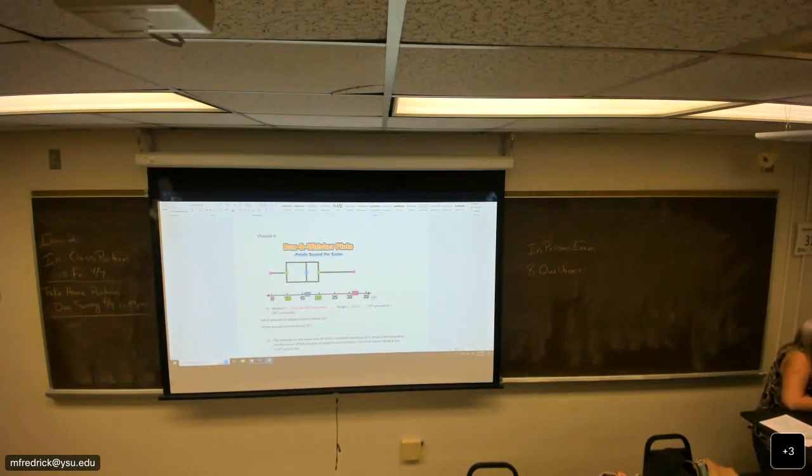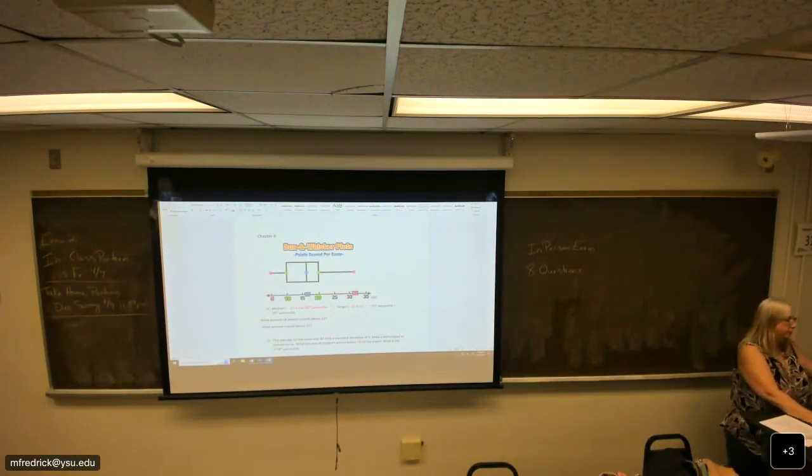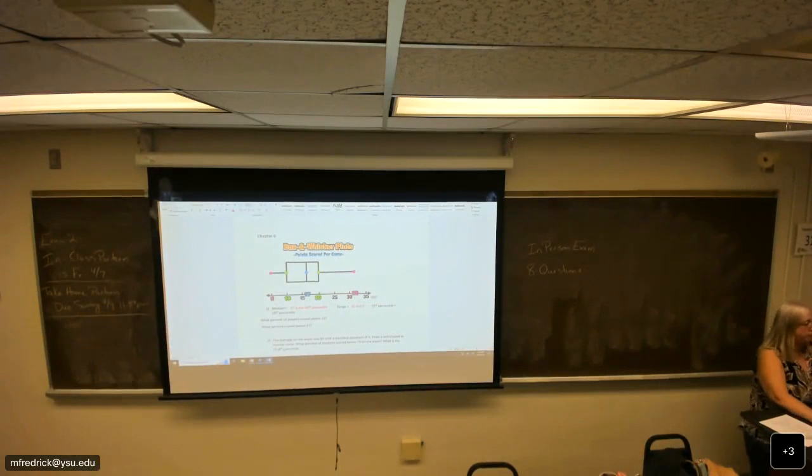Was that 17? 27. Any questions on the range? Just be careful that you're taking the largest value, not what's on the chart. The 32 and the 5.